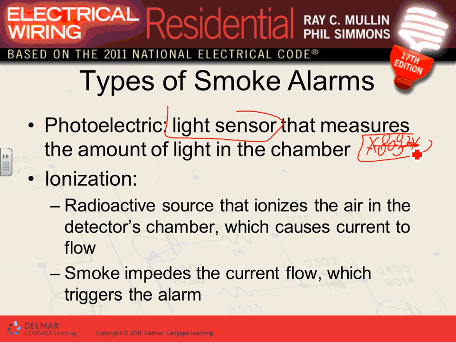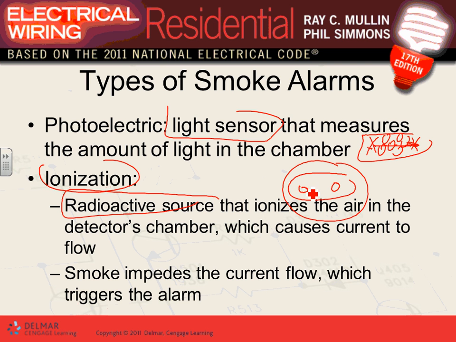The second one, guys, is ionization. They have radioactive material. Oh boy, scary. Radioactive material right in here, in my chamber, creating a microcurrent.